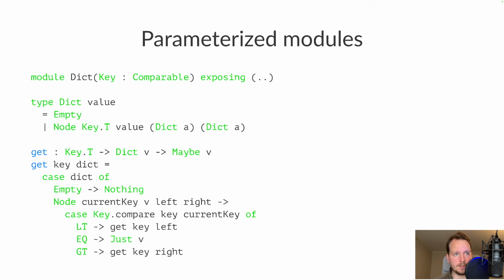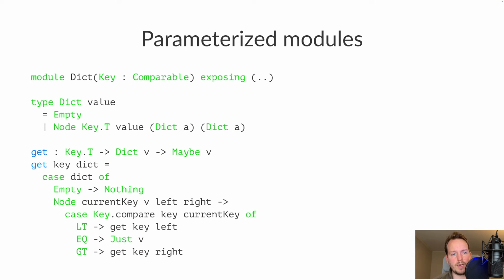In this case, it's a key.t, and a key can be any module which apparently contains a t type. So that's the key of this particular node, and then it has some value. And then you have all the keys which are less than the current key, and all the keys that are greater than the current key.